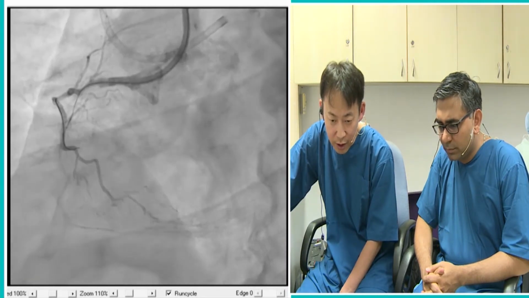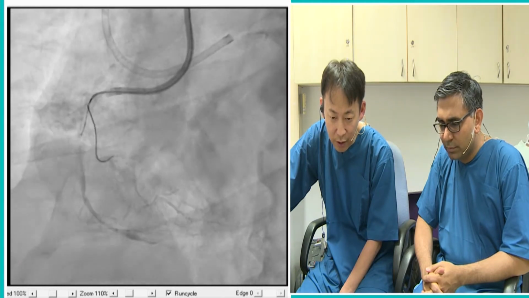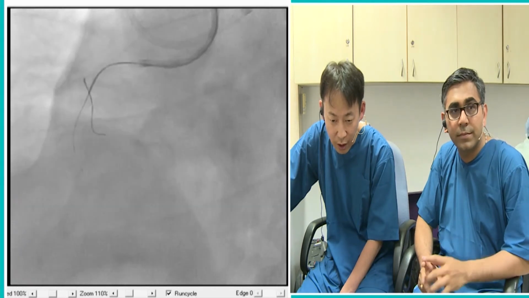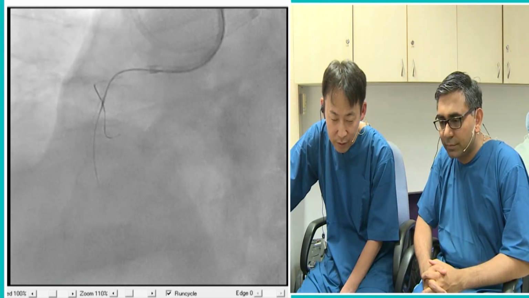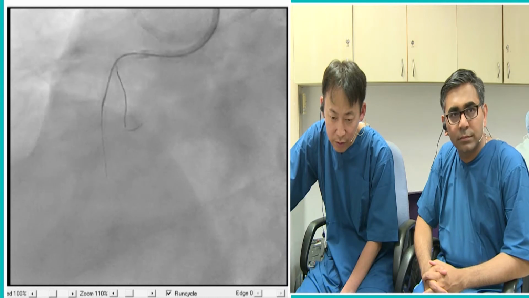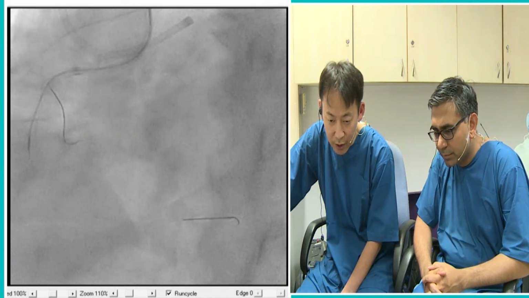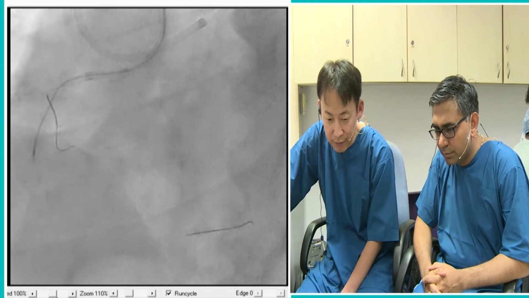So I checked the angle. The wire tip is in the true lumen. So I put in the microcatheter, and this is Corsair. Corsair can pass the region, and the regular wire goes to the distal RCA branch.